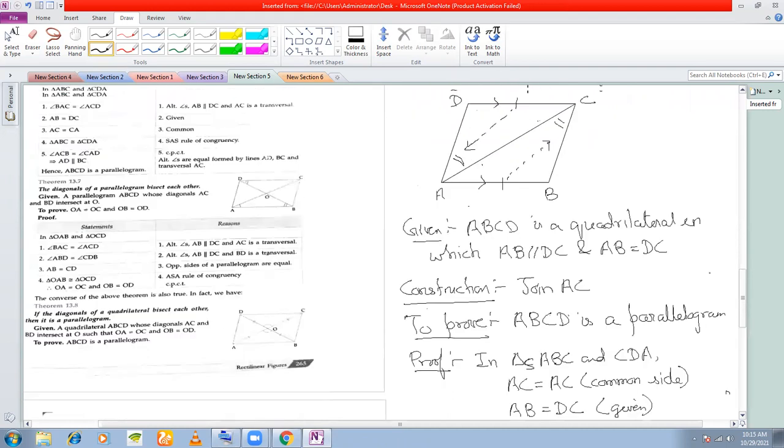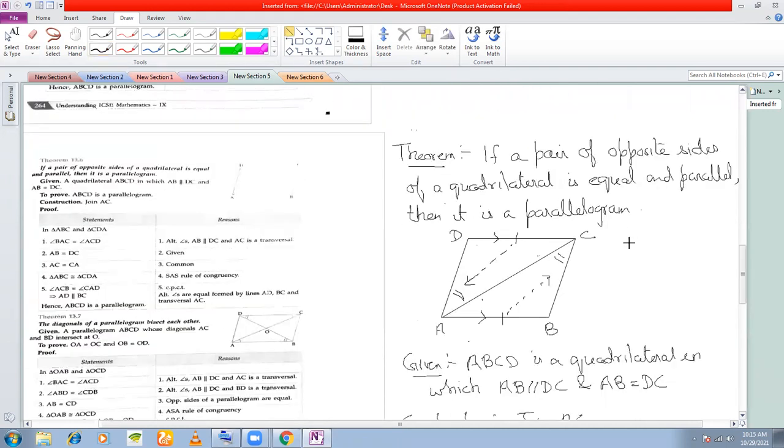If these two angles are equal, they are alternate angles, so these two lines must be parallel. And AD must be parallel to BC.